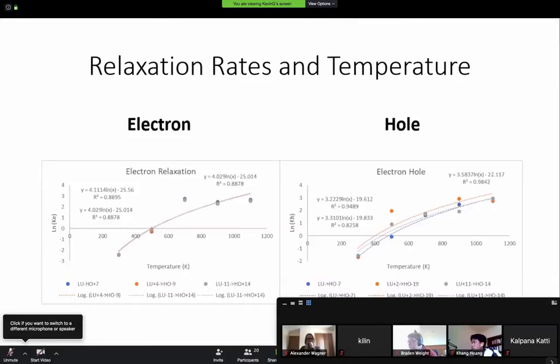So what this essentially means is that the rate at which my relaxation rates change with temperature is independent of my orbital transitions. So no matter what orbital transition you're looking at, the rate of change for my relaxation rate with respect to temperature is going to be the same for all of them.